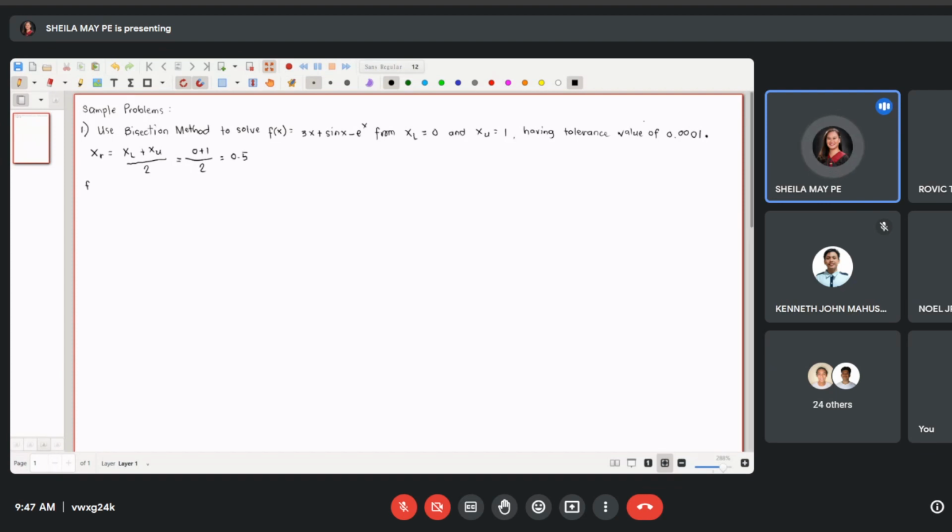Okay, and we need to find its function of x sub r. So that would be 3x plus sine x minus e to the x. This would be 3 times 0.5 plus sine of 0.5 minus e raised to the power of 0.5.